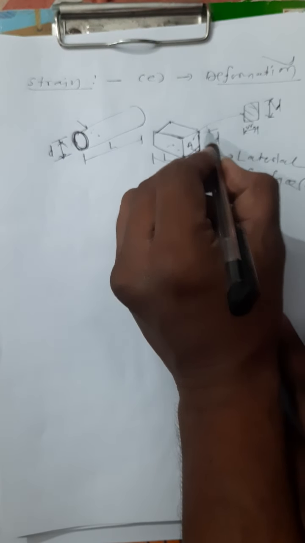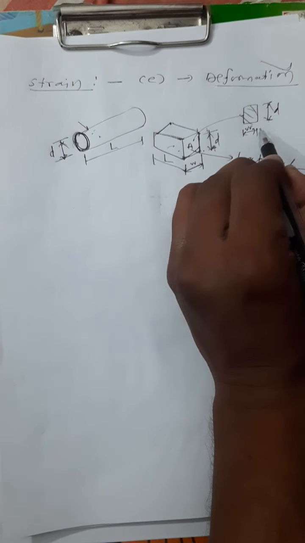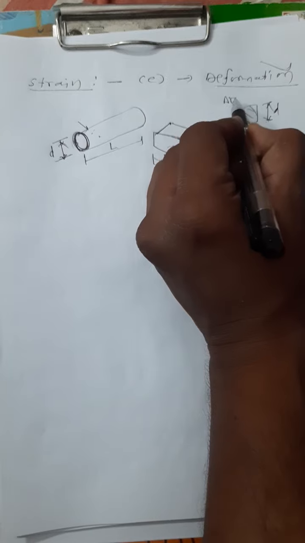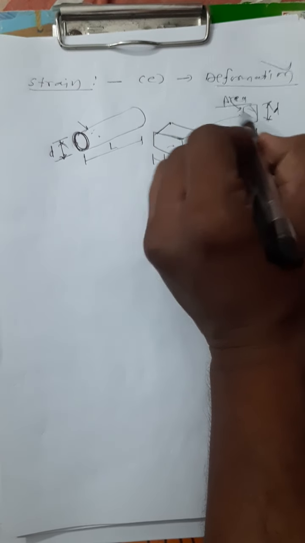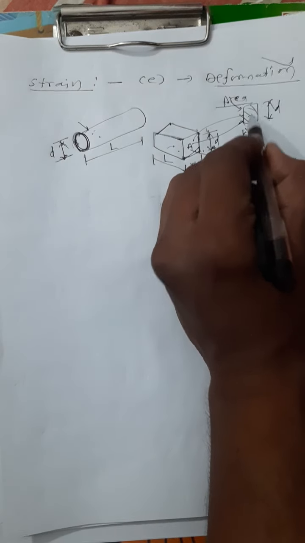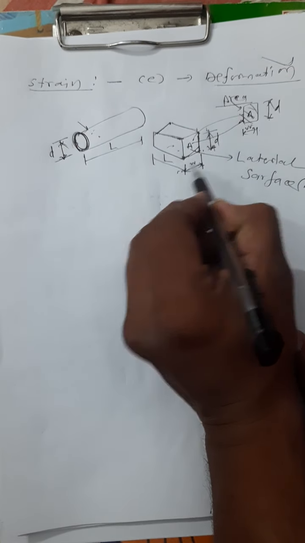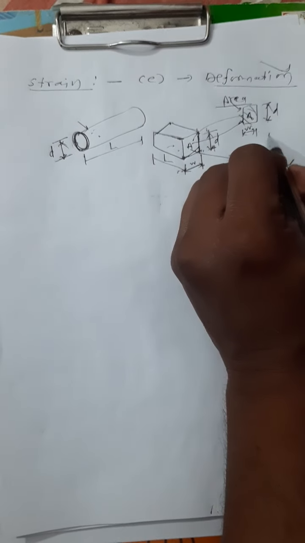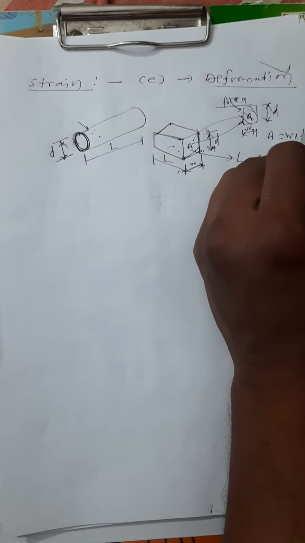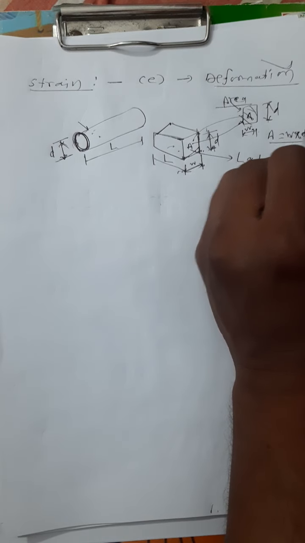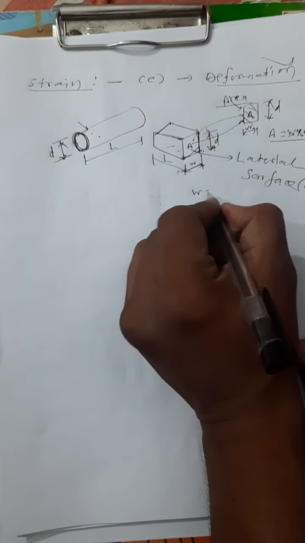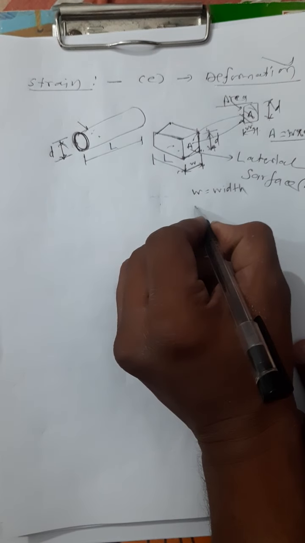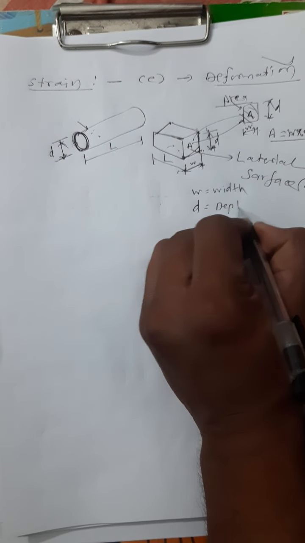So this W and this depth, D for depth, or we can sometimes say height. So depth and width together are called area. Width and depth, width into depth, it's called area. W for width and D for depth.